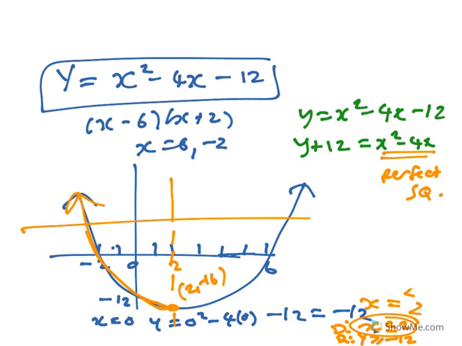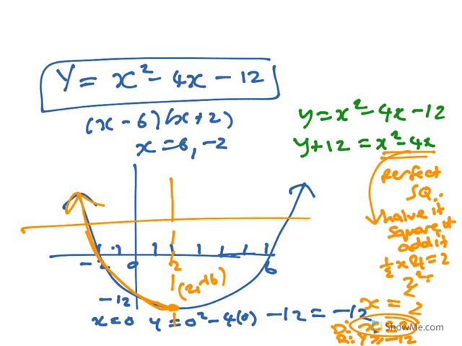To create a perfect square, you take the 4 and you halve it, square it, and add it. So you add it to both sides. Half of 4 is 2, square it is 4. So you add it to both sides, plus 4 plus 4.